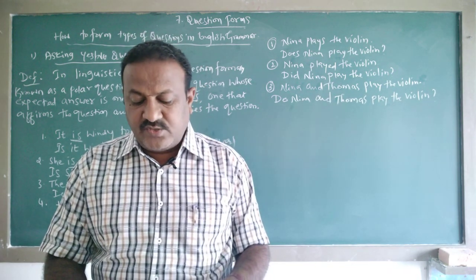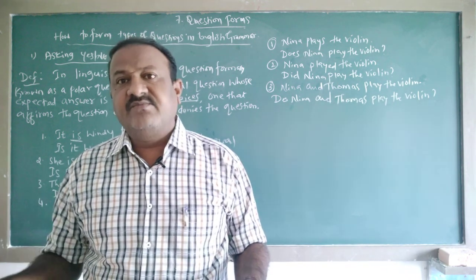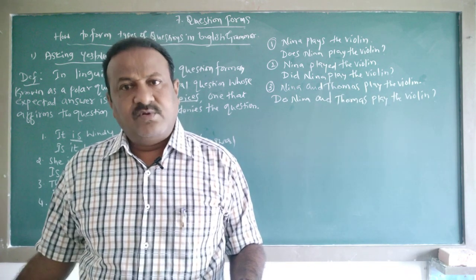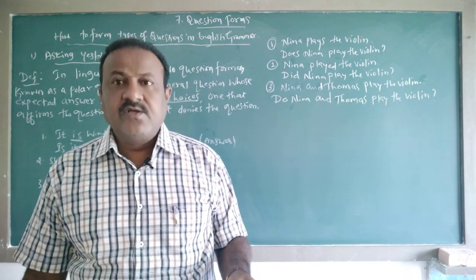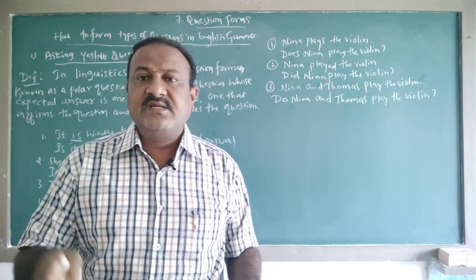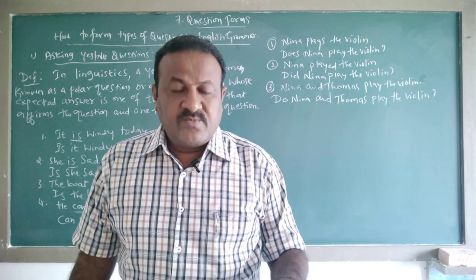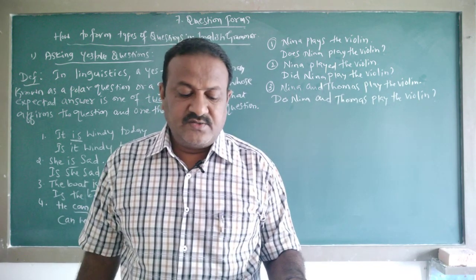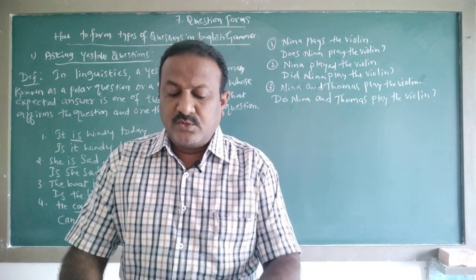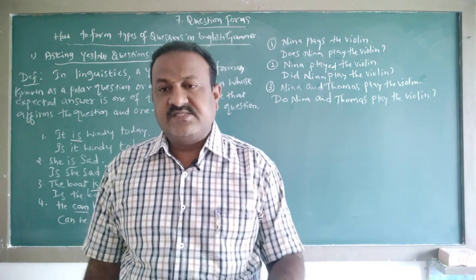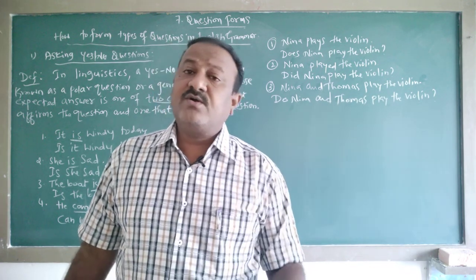Suppose we don't have any auxiliary verbs, modals or helping verbs in the sentence, then what should we do? You will need to put what? Do or does at the beginning of the question.